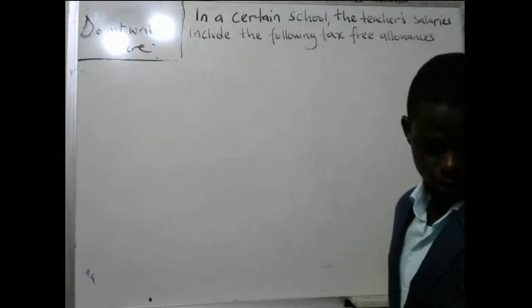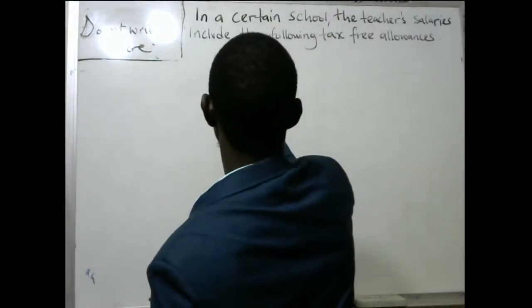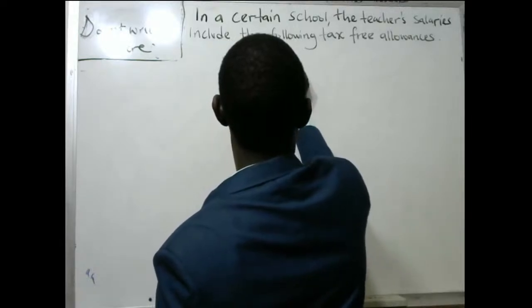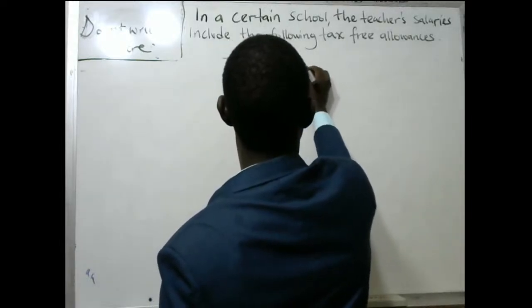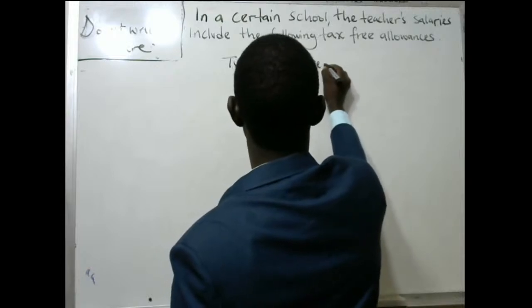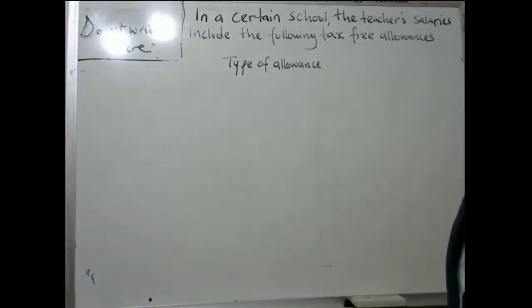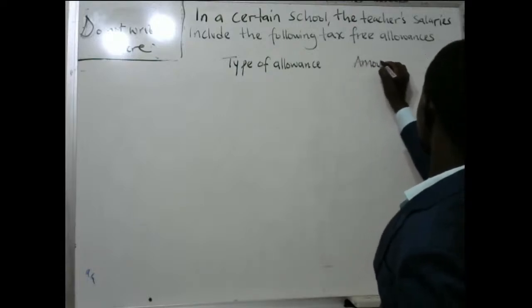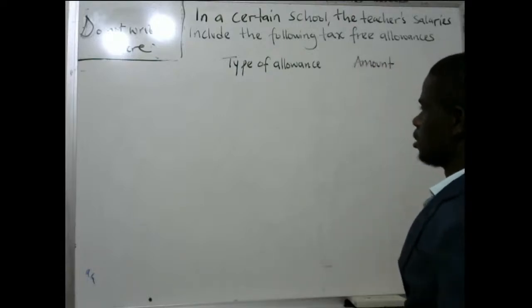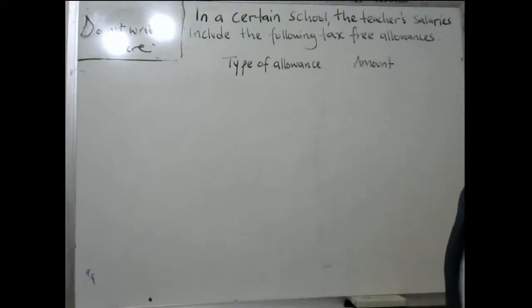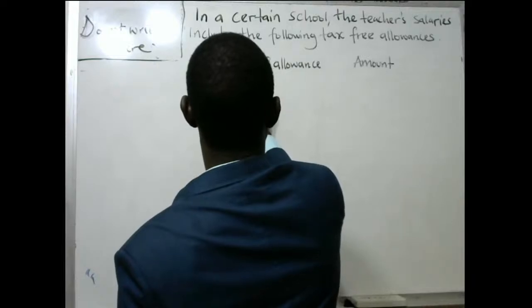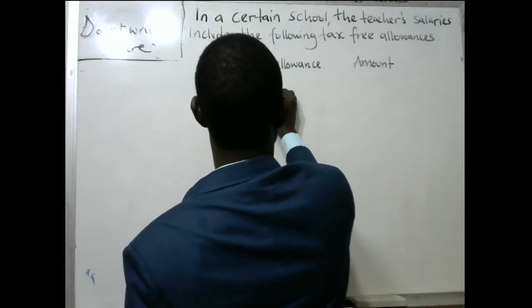I'm going to draw a table: type of allowance, and then the amount they give for that particular allowance. So the first allowance is the legally married teacher.